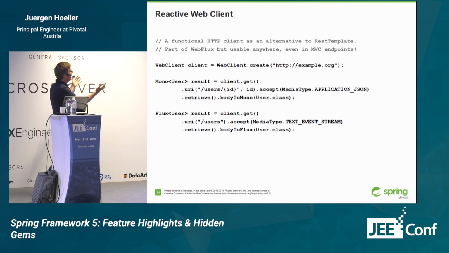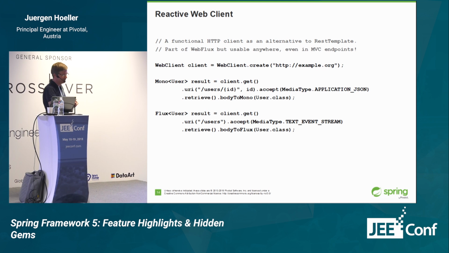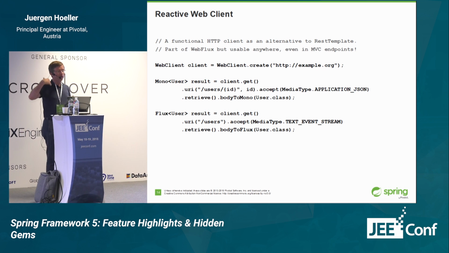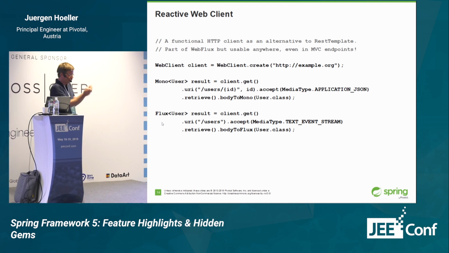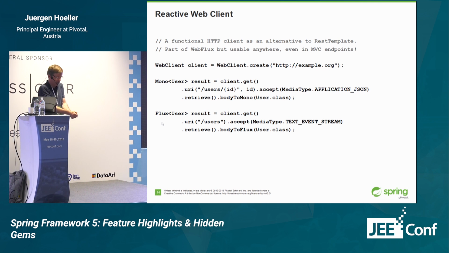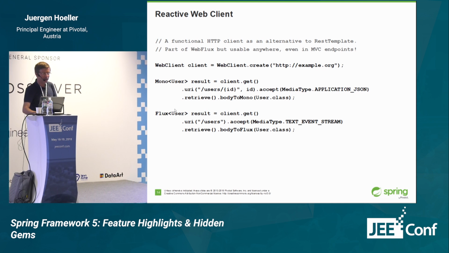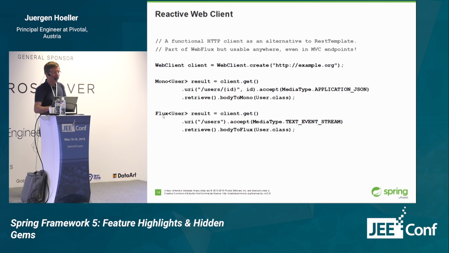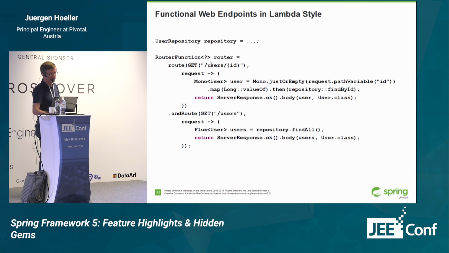This is basically an alternative to REST template, interacting over HTTP, interacting with other services, and producing a reactive streams publisher. So instead of REST template, which is essentially blocking and waiting until the response returns, here we actually build a reactive streams publisher. And these publishers can easily be integrated into code like this, right?